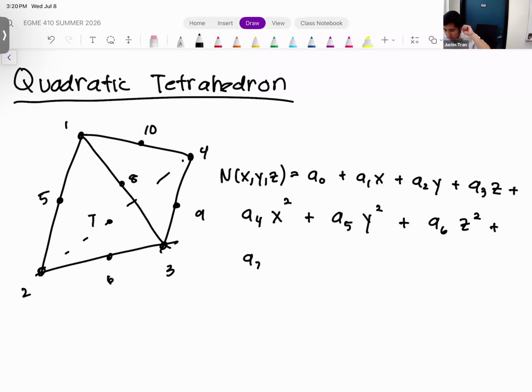That adds 3 more terms, and so that gets us up to 7. But we need to add 3 more because we have 10 nodes. These last 3 terms are going to be our cross terms, so products of 2 different variables at the same time. So you have a7xy plus a8xz plus a9yz.